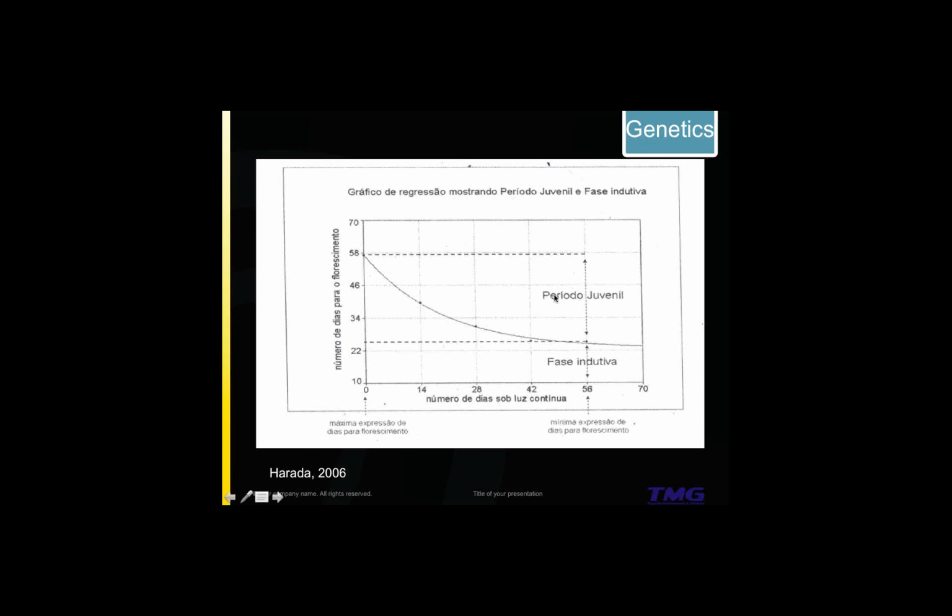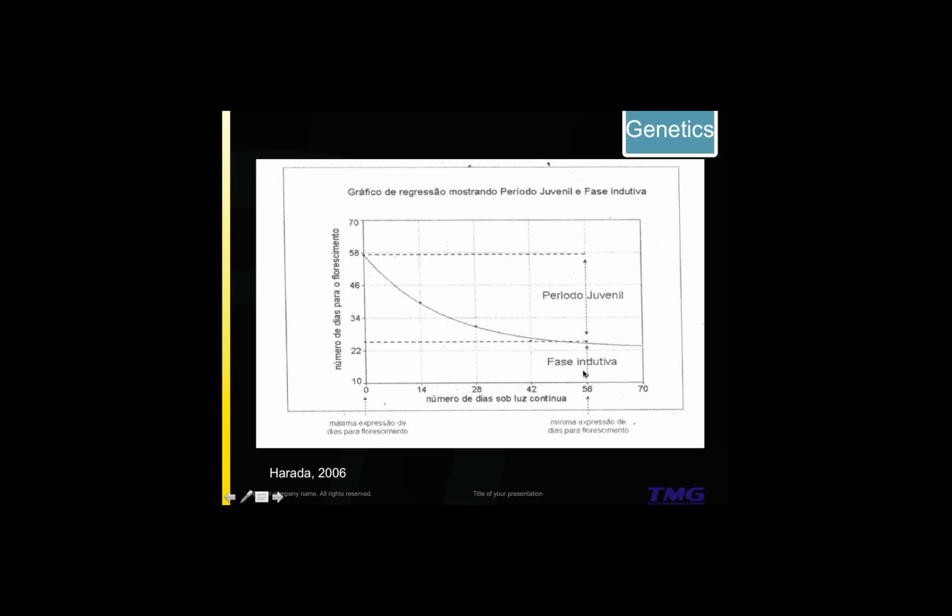Essentially, what he did was to grow soybeans during the winter in the greenhouse, and he would supplement the light, and that was continuous light. That's an important point. I see that Dr. Kober worked with several different photoperiods there. But this work was done under continuous light for either 0, 14, 28, 42, or 56 days.